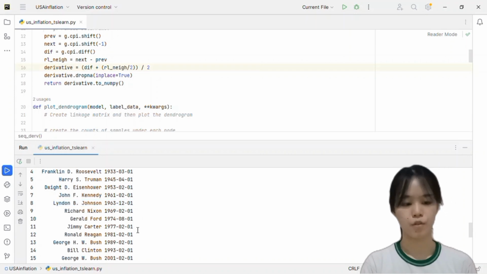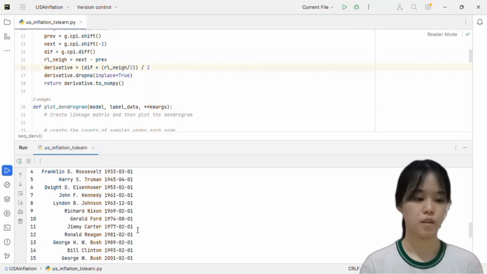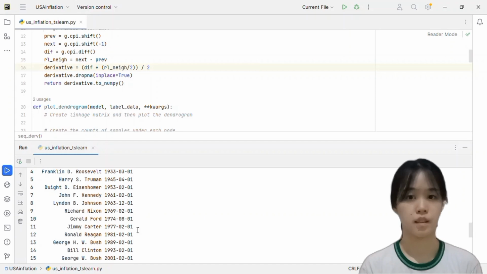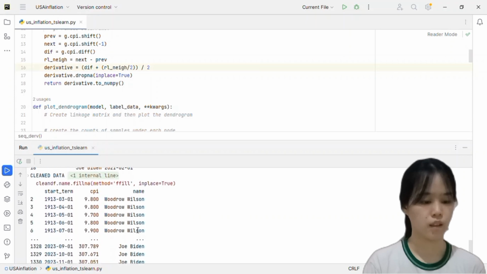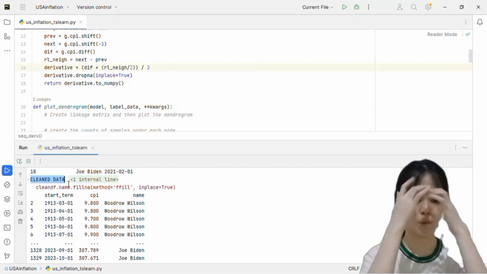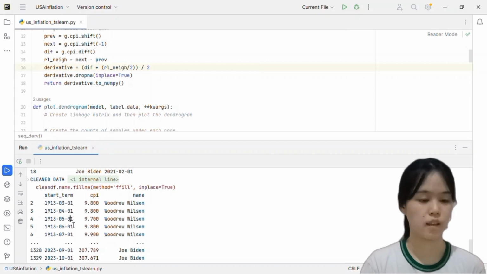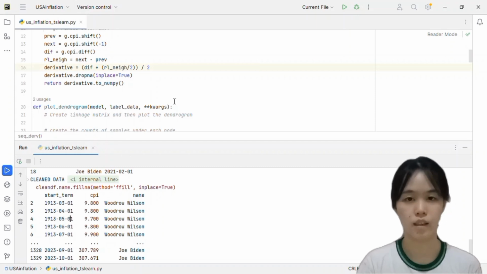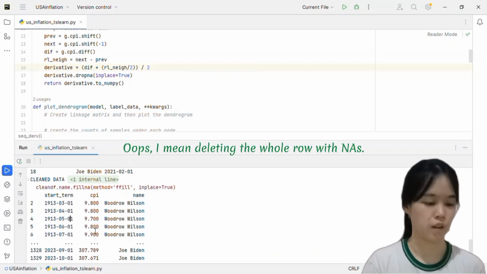Okay, so after we have both datasets ready, we can merge them, both the CPI dataset and the president dataset, like this, clean data here. So after we merge, we do a little more pre-processing, like filling the NA and dropping some NA values.